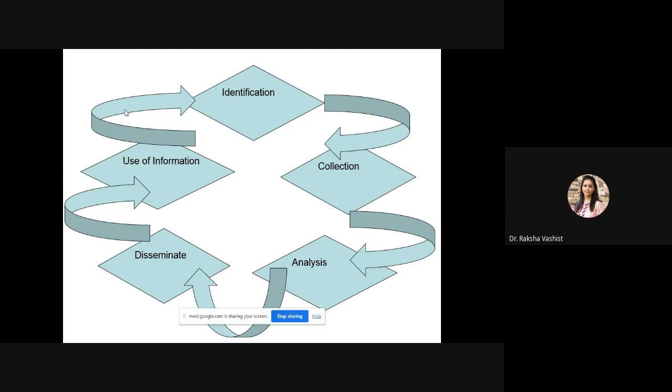A research problem may already exist, or it may come in the future, or maybe you are going to extend your knowledge about some context with the help of research. In all cases you have to identify your topic and your research area very clearly. So the first ingredient is identification of your topic, your research area, and your research problem.